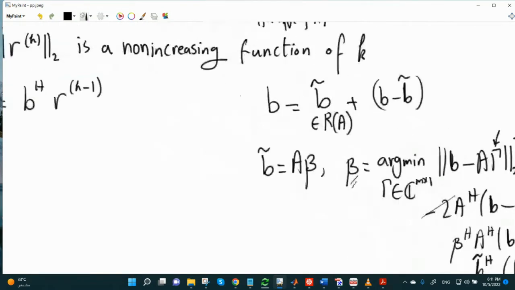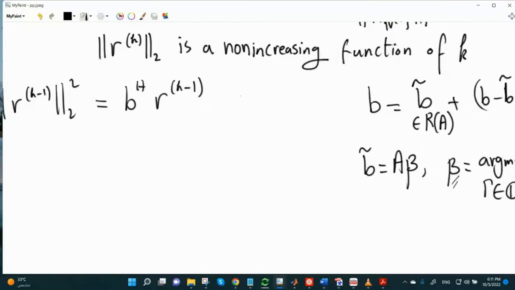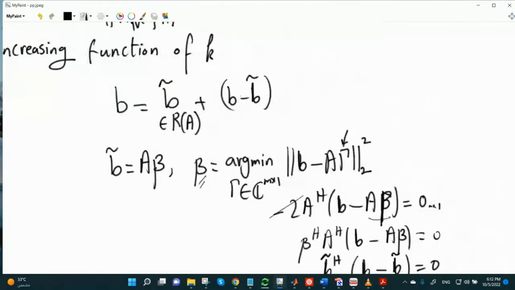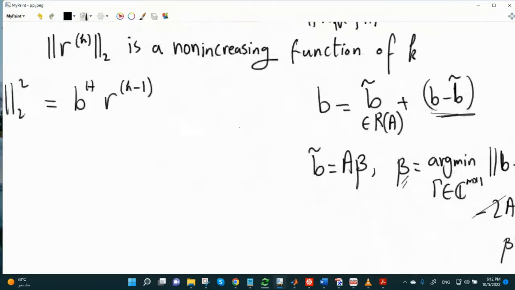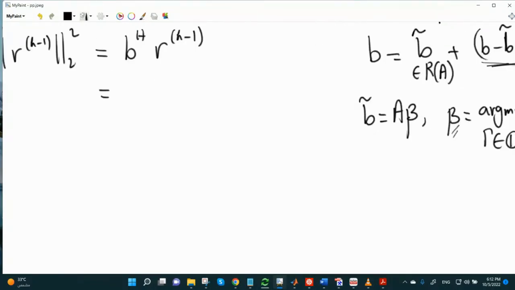Okay. So what I will do is assume that perhaps we cannot really get this thing to 0, and perhaps this guy has a non-zero norm because B is not in the range of A. Let's decompose this B as B tilde, so this is A beta.